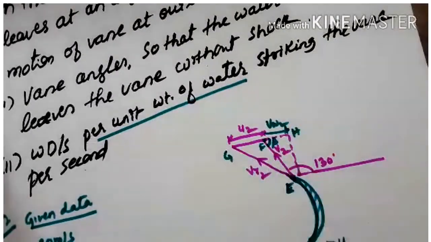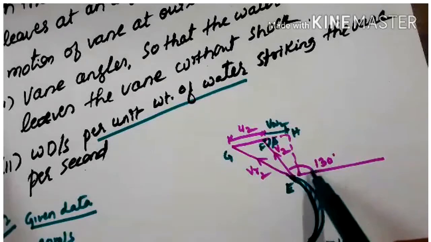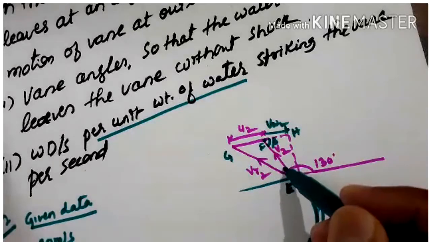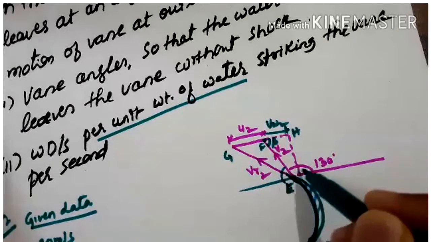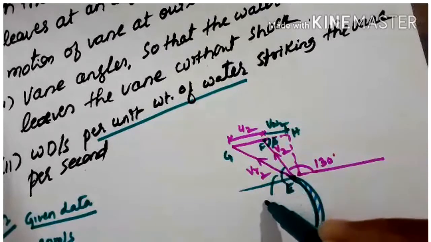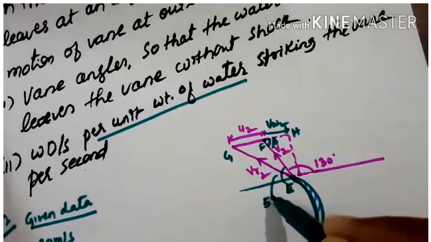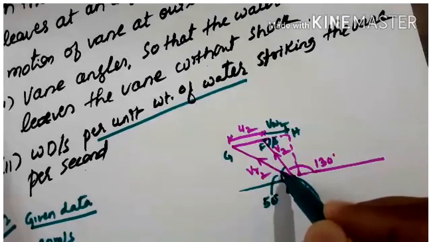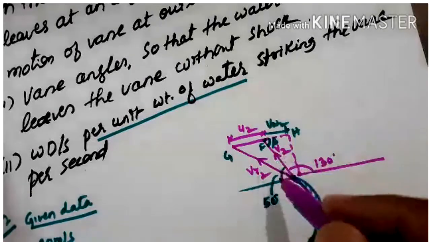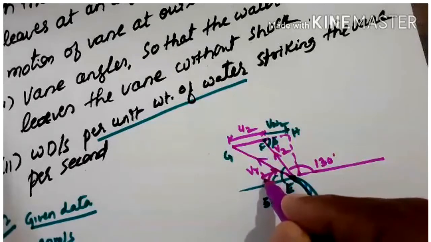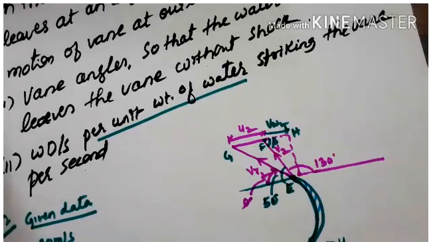This total angle is 180, so 180 minus 130 gives 50 degrees. This angle is phi, and this is theta.